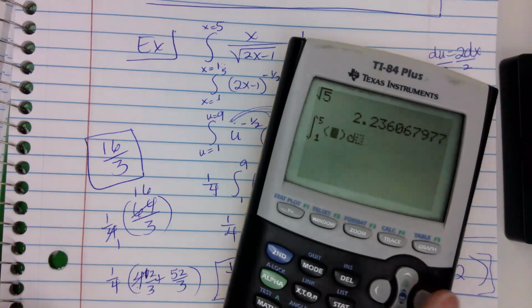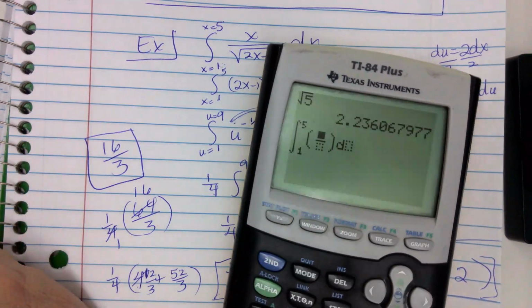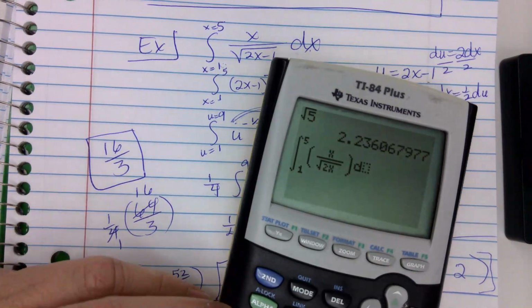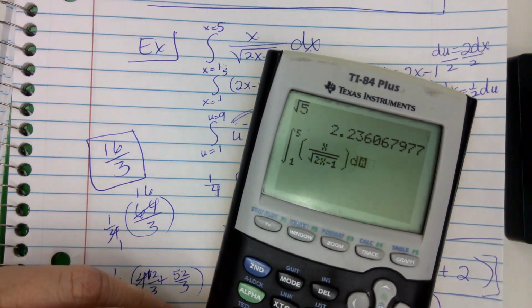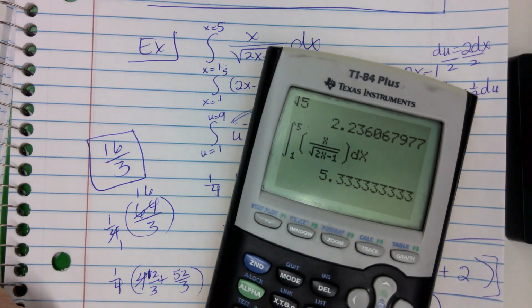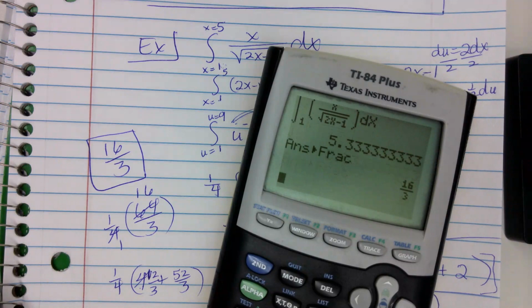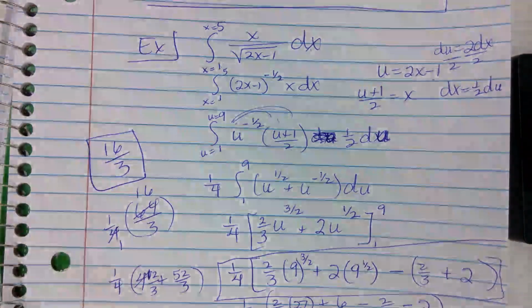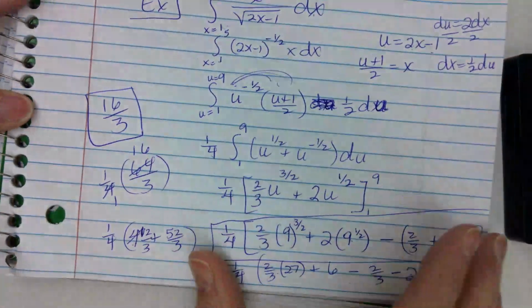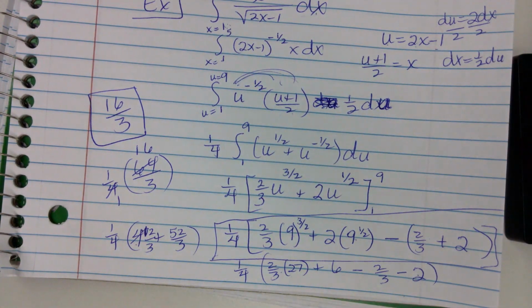Integral 1 to 5 of x over the square root of 2x minus 1 dx. 5.3 repeating. 16/3. Yay. You got it right. Now, not all of them will be this weird and hard to plug in, but that is the general idea.